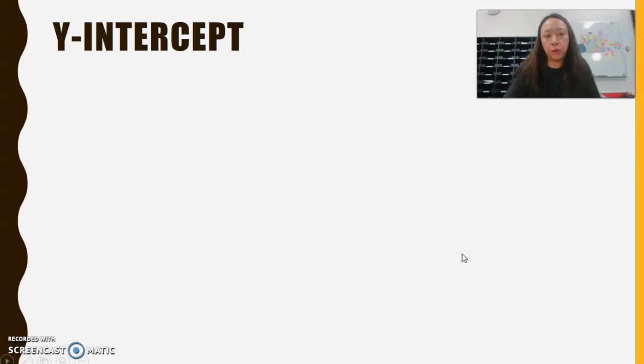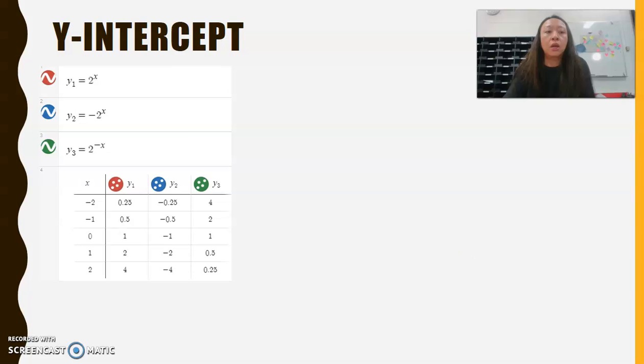Now if we look at the y-intercept in relation to the negative exponential equations, we can see that when x is 0, some of the y values are 1, but some are negative 1. Why is that so? We know that 2 power 0 is 1.